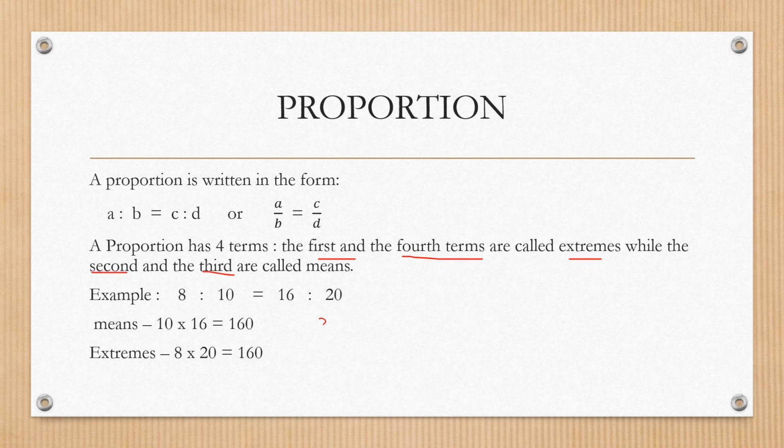So we have here 8 is to 10 equals 16 is to 20. That means 10 times 16 is 160, and 8 times 20 is equal to 160. As we can see here, the product of the means is equal to the product of the extremes. These are the means here, and these are the extremes.